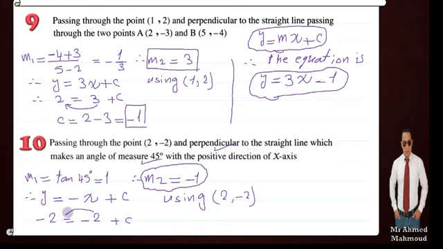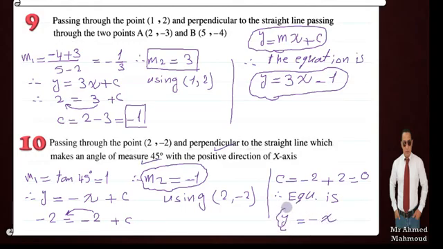Send the negative 2 here, then c equals negative 2 plus 2 equals 0. Therefore the equation is y equals negative x plus 0, but I will not write plus 0 here.